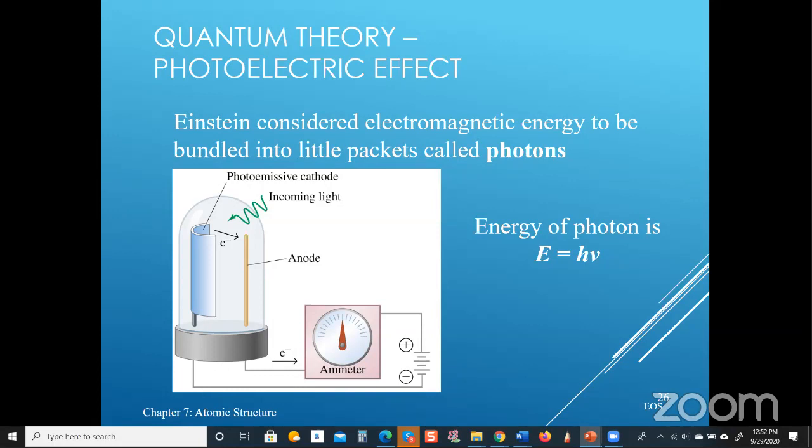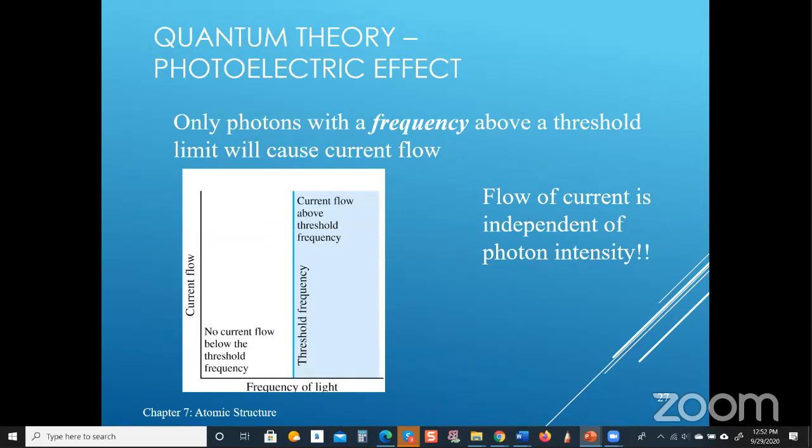All right. So this experiment is interesting. Part of the reason is that it was found that it doesn't matter how intense the radiation is. If the photons have a frequency below a certain threshold, then there'll be no current. And that is what is shown in this graph right here. You have a plot on the y-axis of current flow versus the frequency of light.